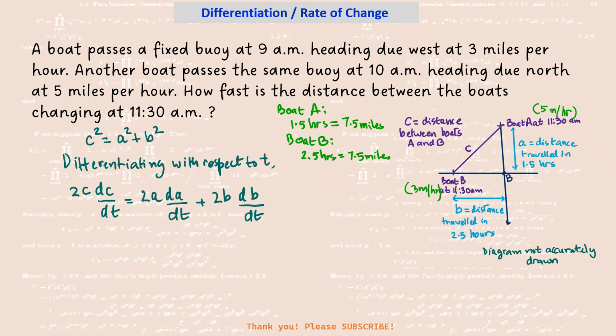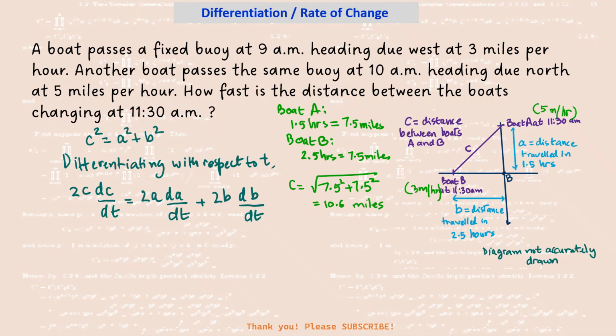Similarly, boat B will travel for 2.5 hours. In 1 hour it goes 3 miles, so 3 times 2.5, and that is 7.5 miles. So we work out c: the square root of 7.5 squared plus 7.5 squared, because both these distances are 7.5, and we get c is 10.6 miles.